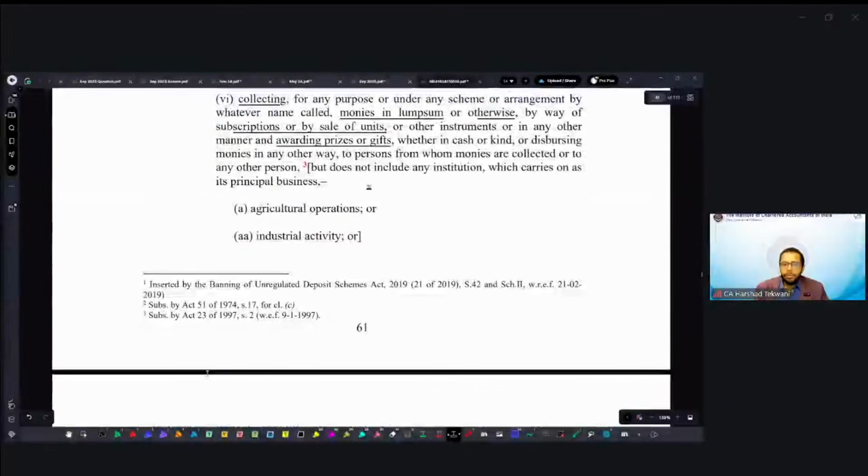But it does not include a principal business of agriculture, industrial activity, and so on.